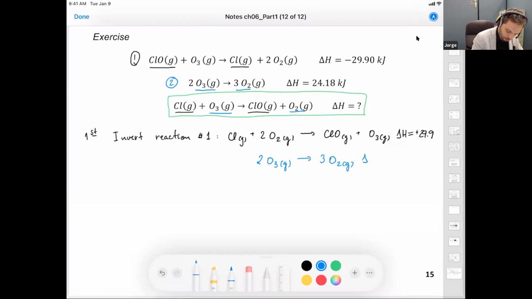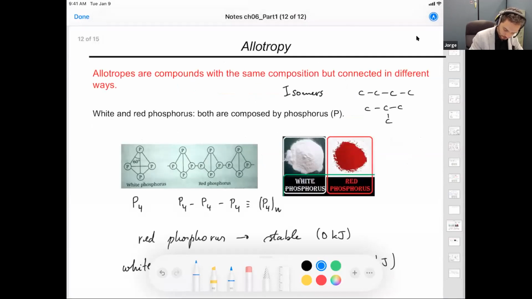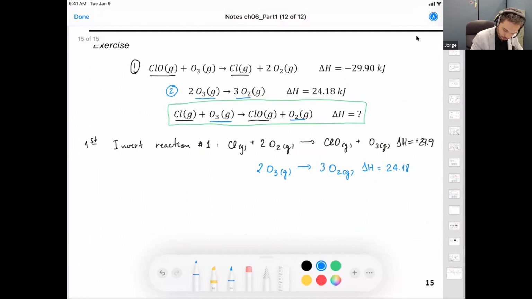We didn't do anything with this reaction, therefore the delta H is still unchanged, 24.18 kilojoules.